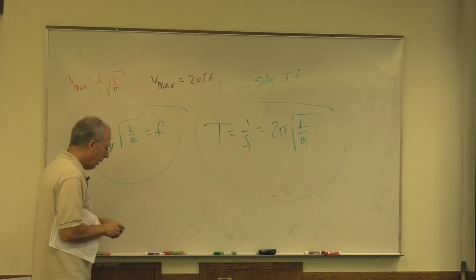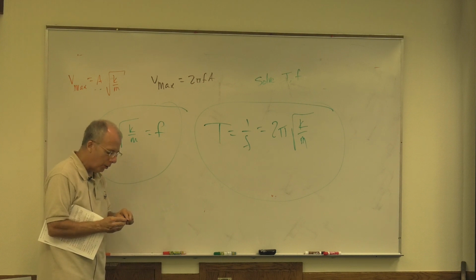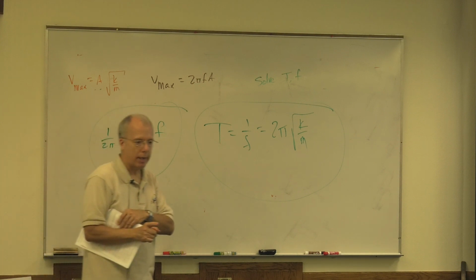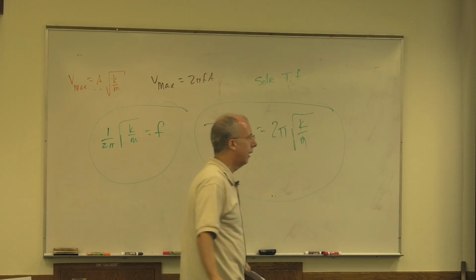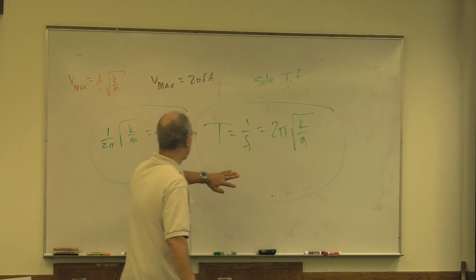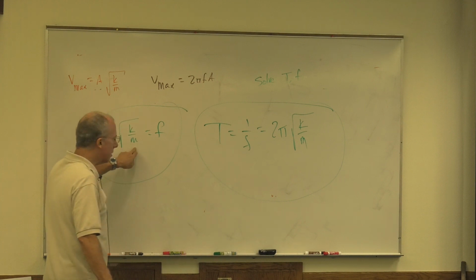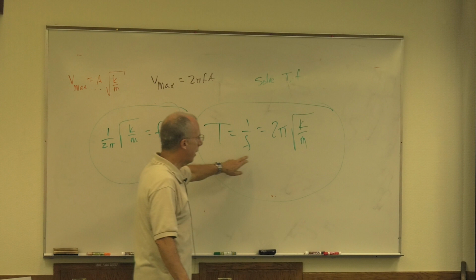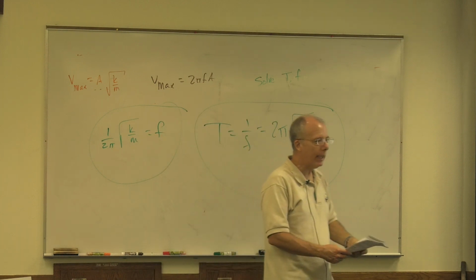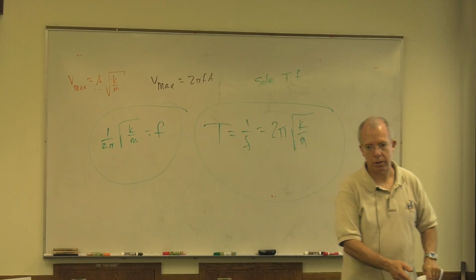And look at, these equations are true for any object that undergoes simple harmonic motion. Anything. Now, what's kind of cool about this is, it doesn't depend on the amplitude, right? So that means, let's say we had a grandfather's clock.